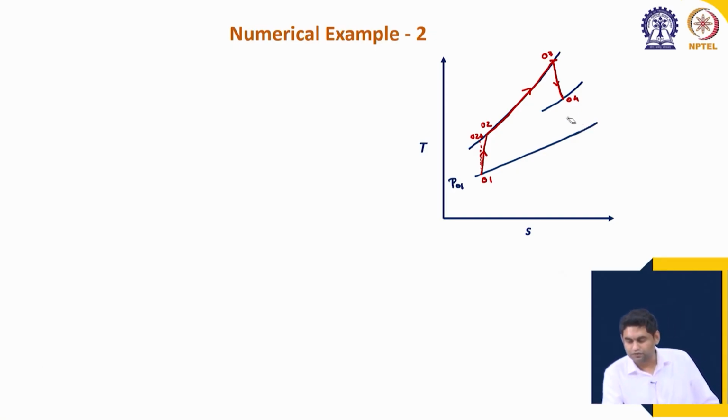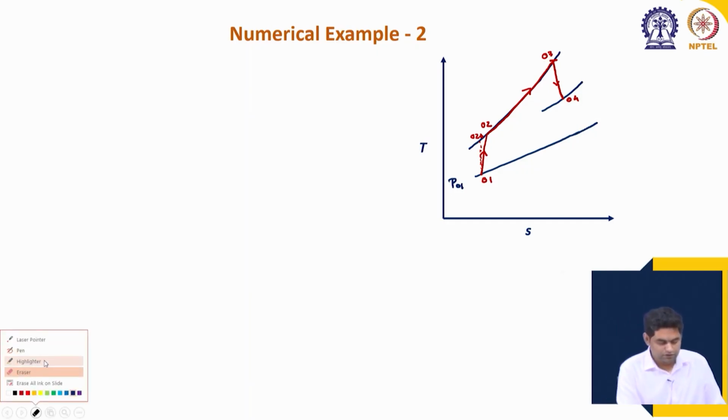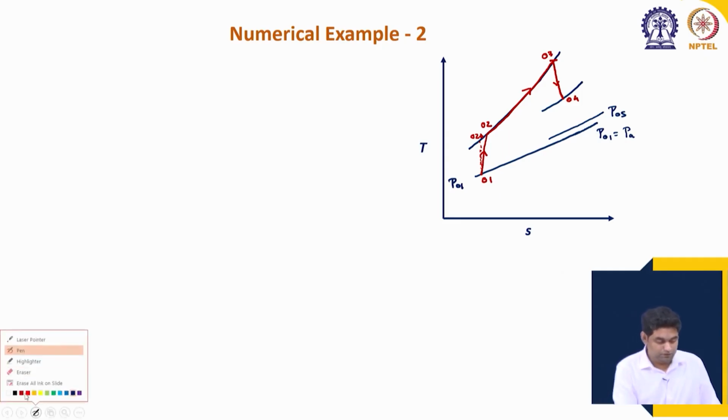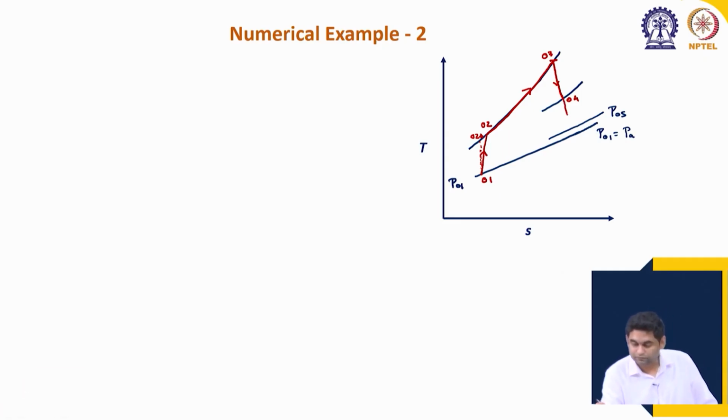So, we should draw slightly differently. This will be P05, which is higher than the value of P01. P01 equal to Pa because there is no velocity at the inlet, so stagnation and static conditions are same. So, 04 to 05 will look like this.